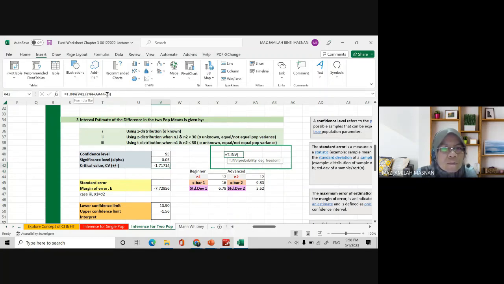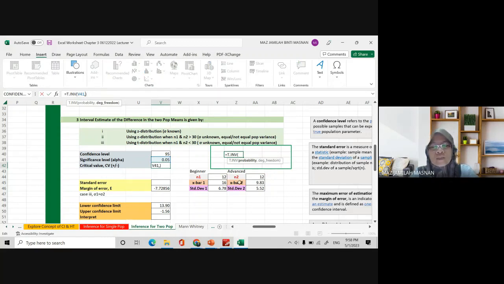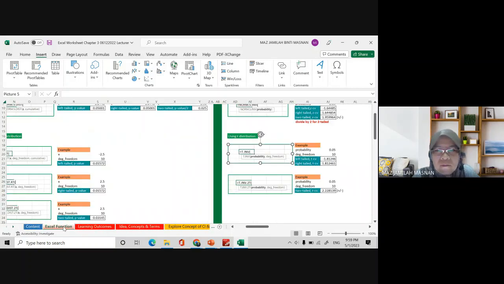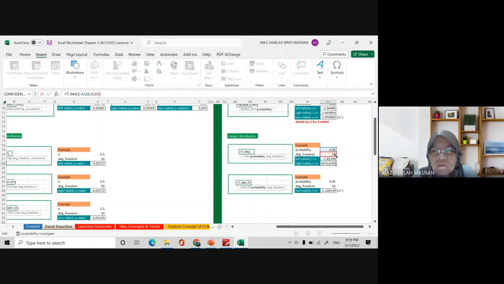Or, let's calculate. 12 plus 12 minus 2. 24 minus 2 is 22. Okay, what's wrong here? Let us check again. It should be a positive Excel function. For two-tailed test, 1 minus AJ. What is AJ? AJ is the degree of freedom, which is 10.